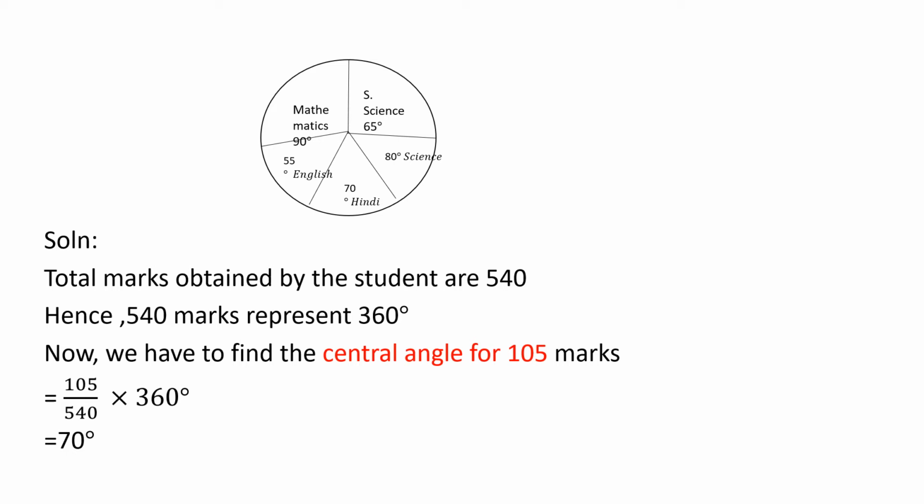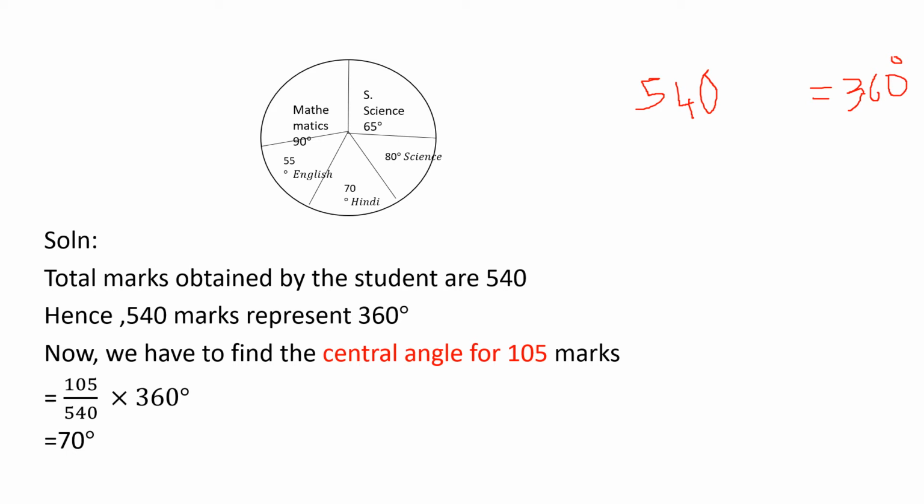For 540 marks, the central angle is 360 degrees. The same way, we want to find out for 105 marks. 540 is the total marks, right? So what will be the central angle for 105? That was the hint given.